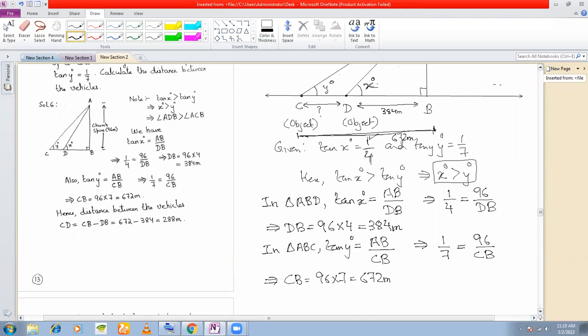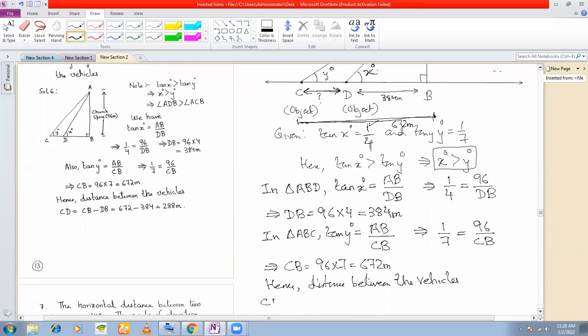So what is the length of this CD here? Hence, distance between the vehicles CD is equal to the length CB we have found above minus DB.